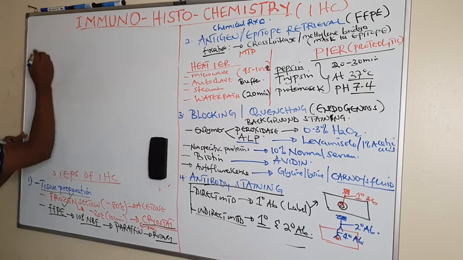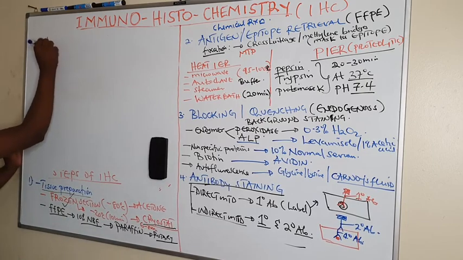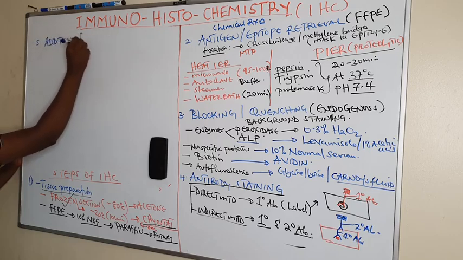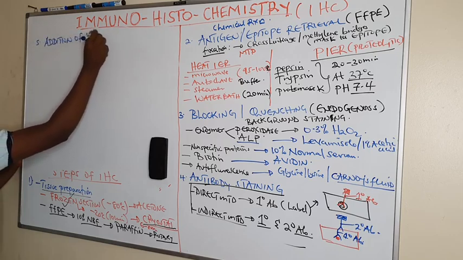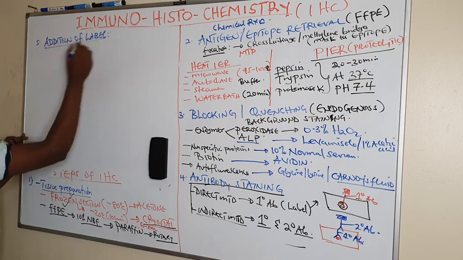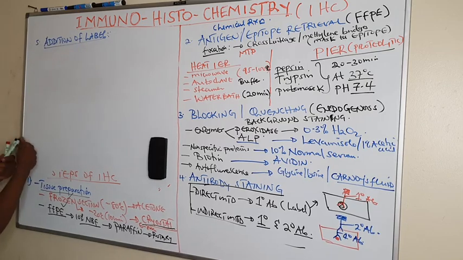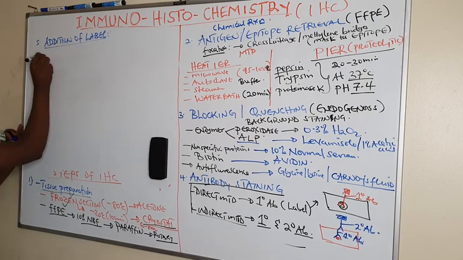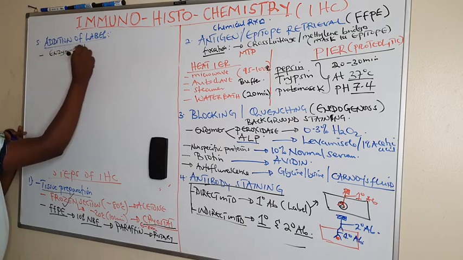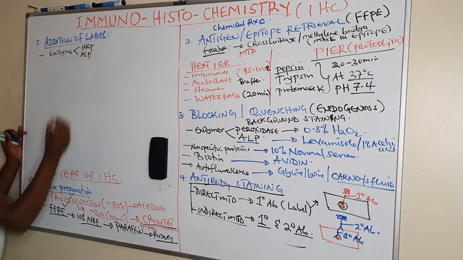The 5th step is the addition of labels or chromogens, depending on the type you have used. In case you use an enzyme as a label, the major enzymes used are horseradish peroxidase or alkaline phosphatase.